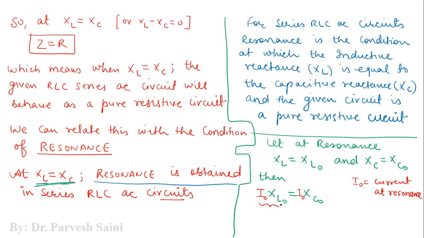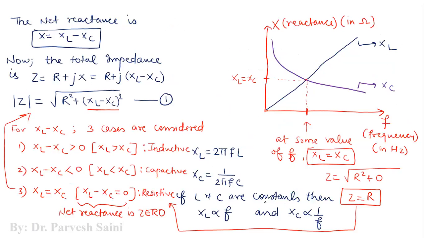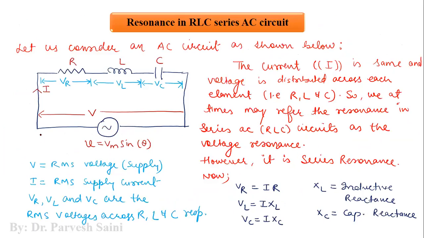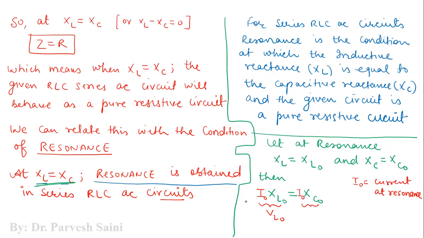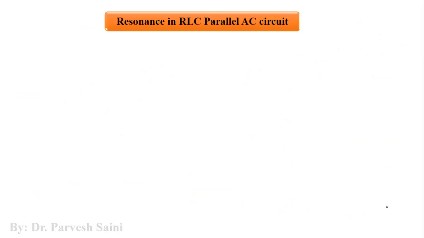We know that VL is IXL and VC is IXC in general. So I naught XL naught will be VL naught, is equal to VC naught, or VL naught minus VC naught is equal to 0. Now what does it mean?